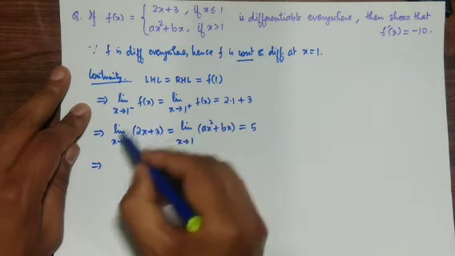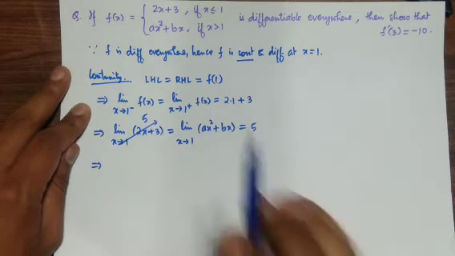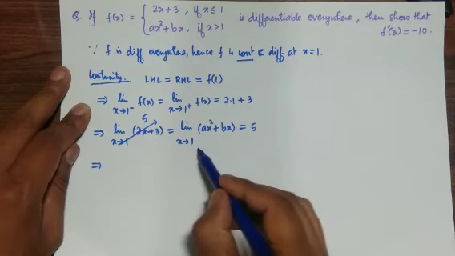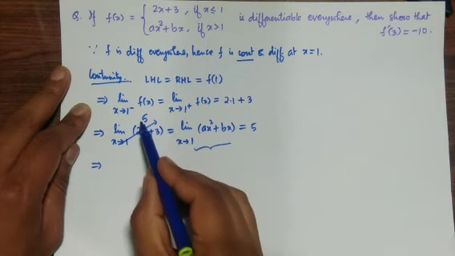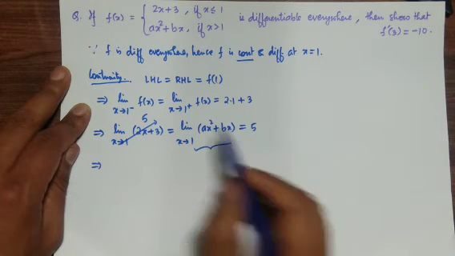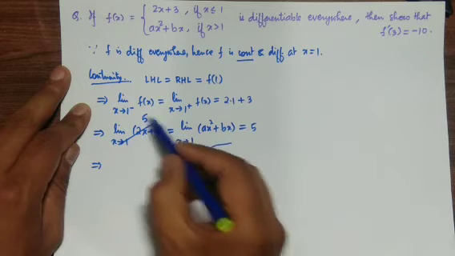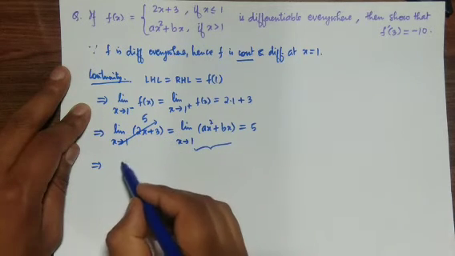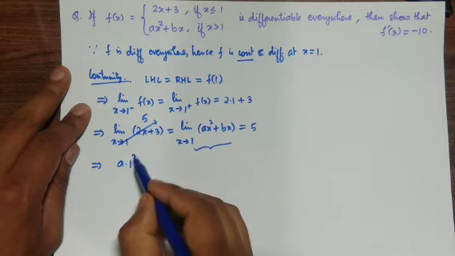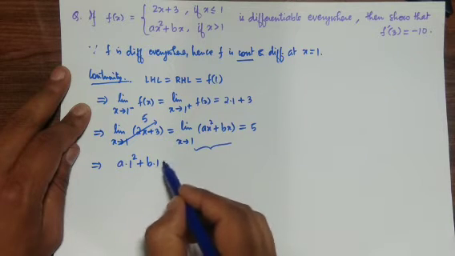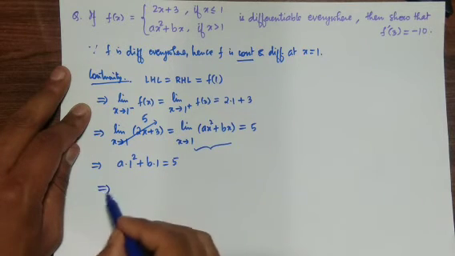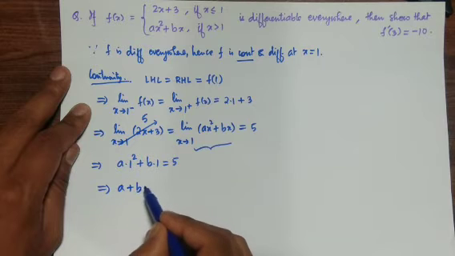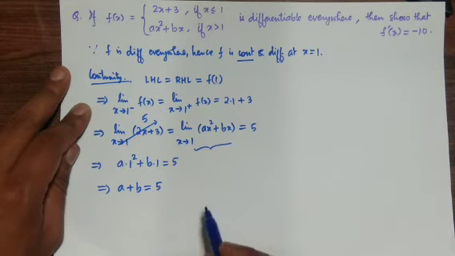Again if you simplify this, it is again equal to 5. So let me make use of only these two now, because 5 equals this much equals 5, so I don't need to use this one here. Let me put x equals 1 here. So we have a into 1 square plus b into 1 to be 5. So we get a plus b equals 5. Let me call this equation 1.